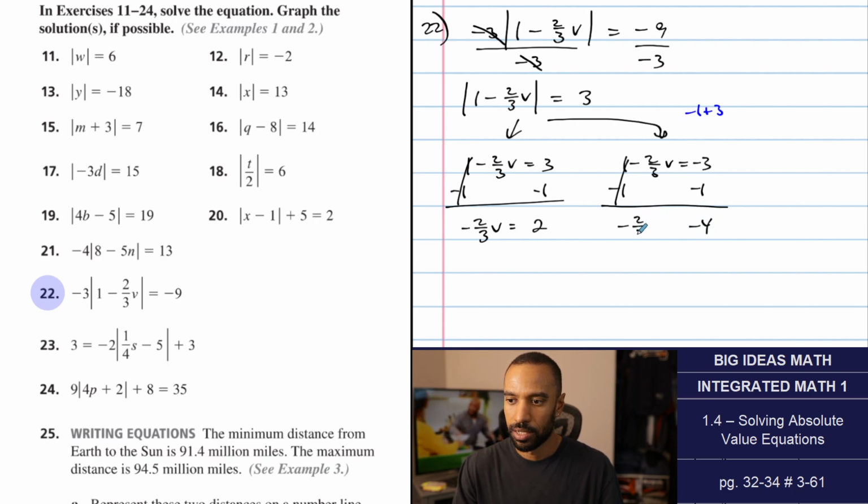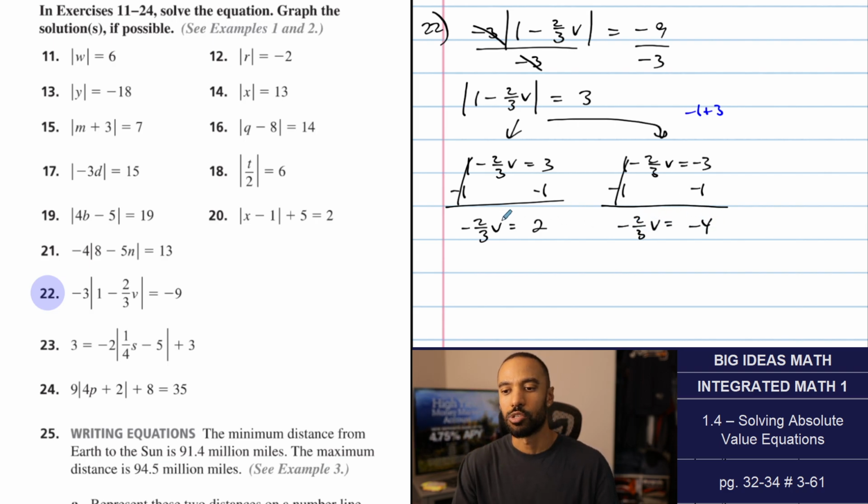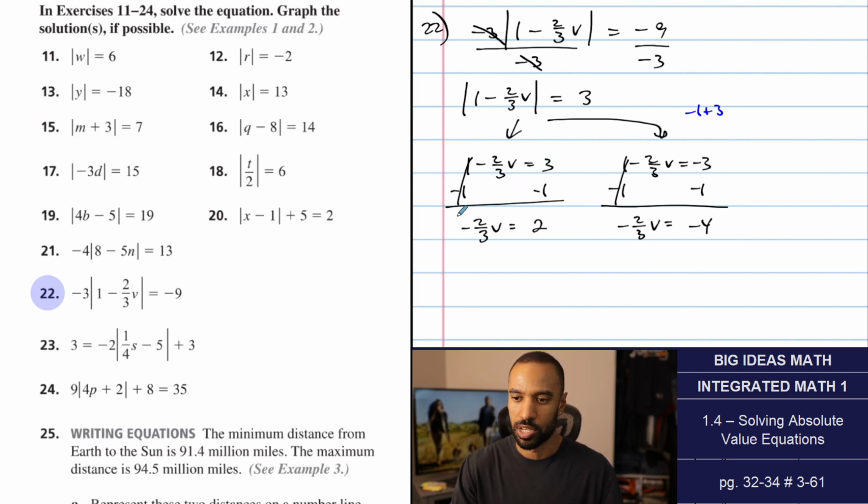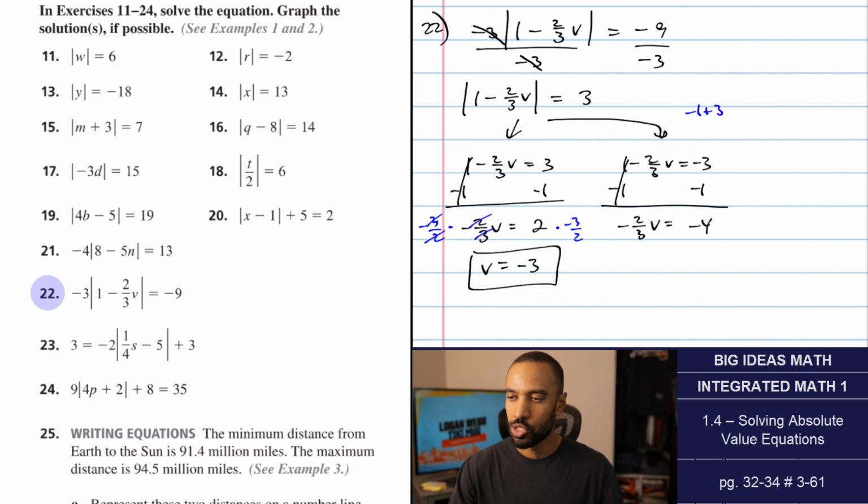So we're getting closer. This might get a little trickier to talk about as a whole because we're about to multiply by this reciprocal, and I'll use a different color for this. This is times negative 3/2 that we want to do here in order to reciprocate and get v by itself. We'll get v equals 2 divided by 2 is 1 times negative 3 is negative 3. So this whole thing, negative 1 plus 3, gets multiplied by negative 3/2.